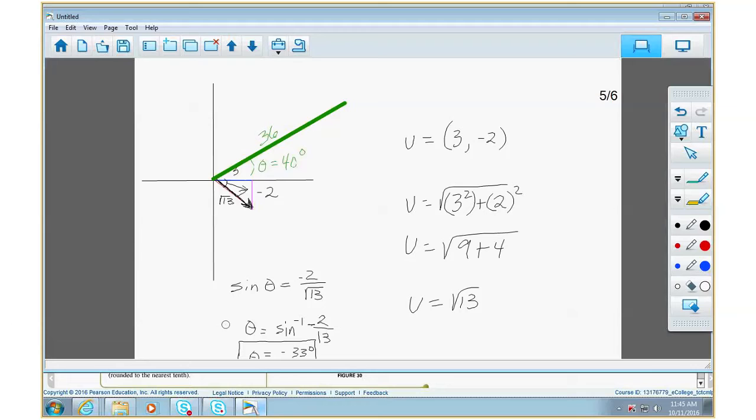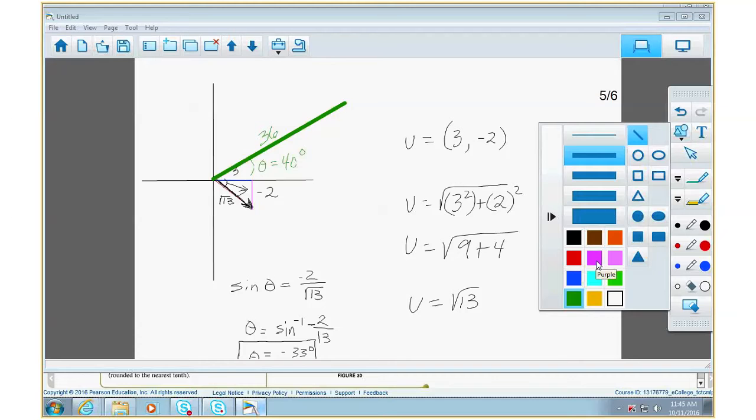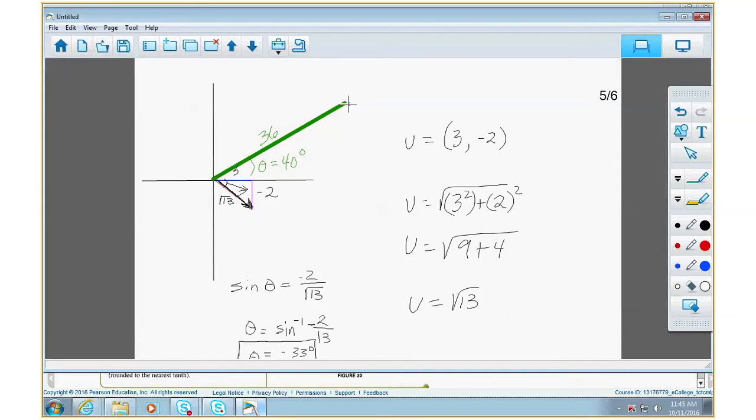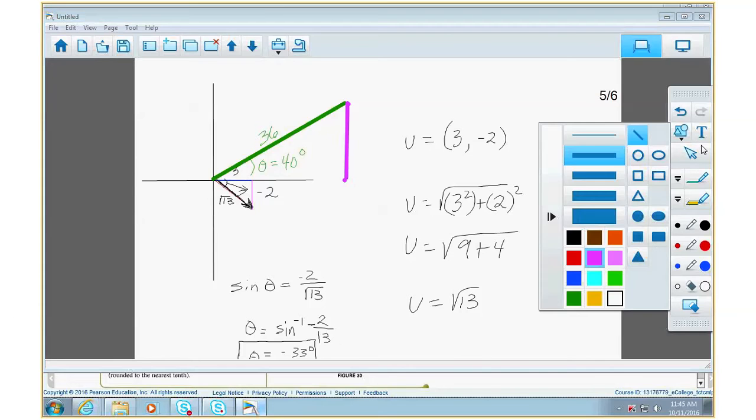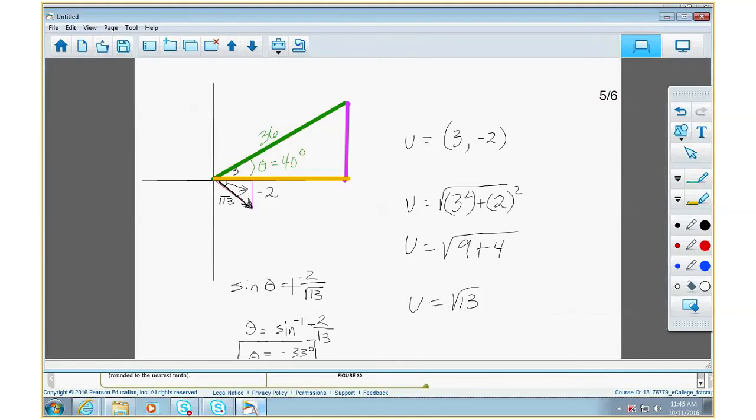So if they give us that, then we've got to find this and this. They would say, given that theta is 40 degrees and the magnitude of the vector is 36 units, find x and y.